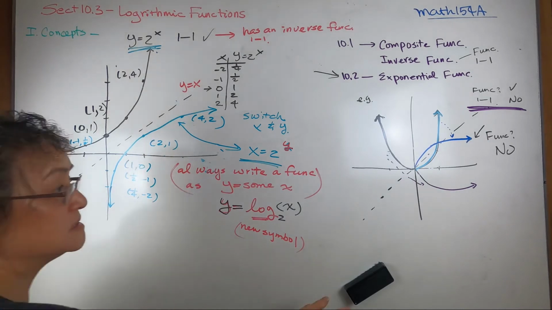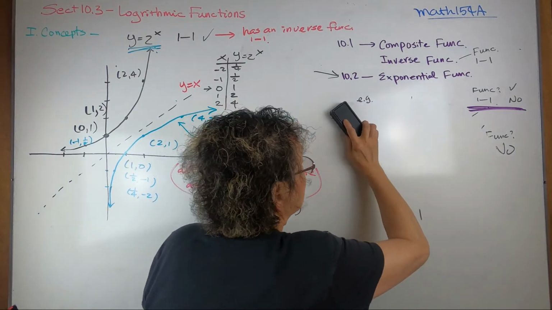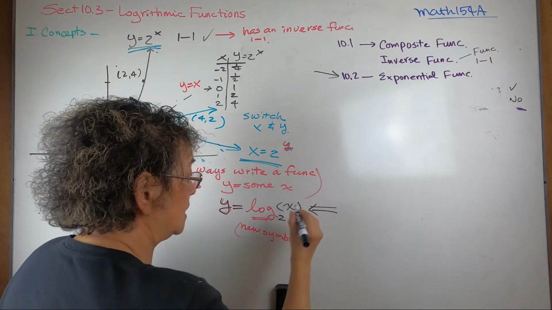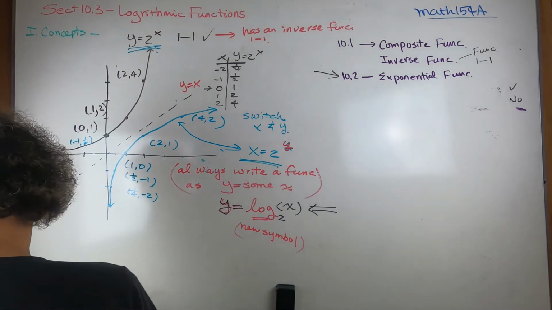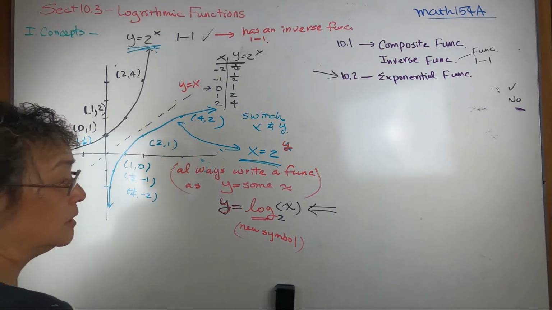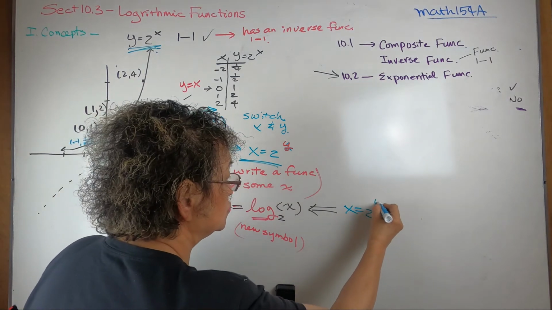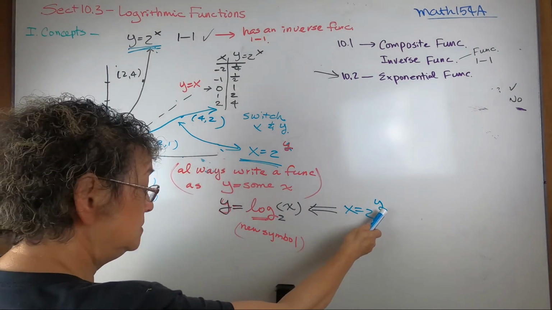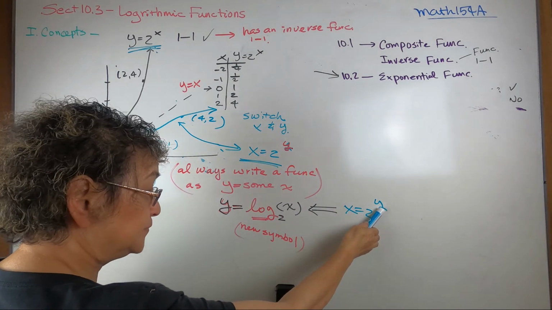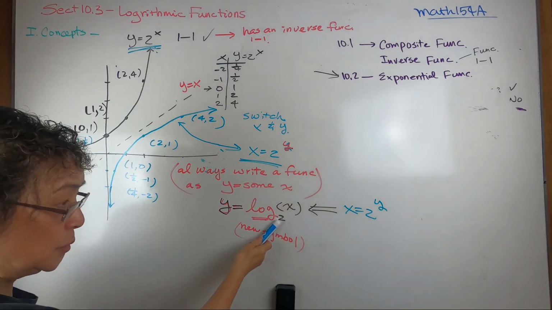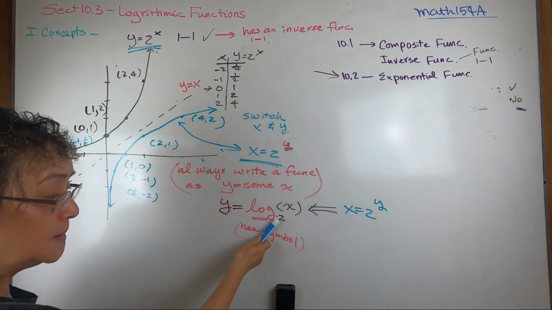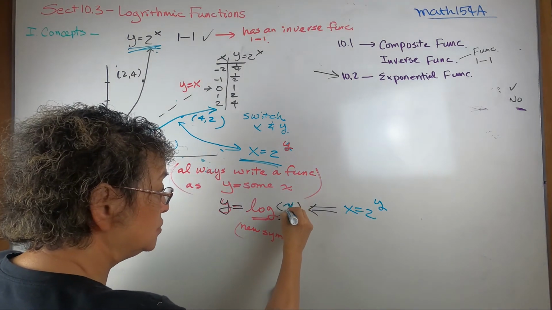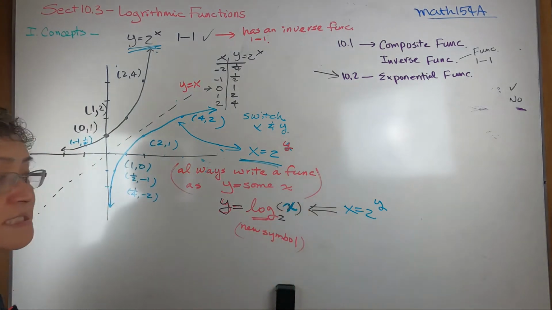So what does this mean? It doesn't mean much when you look at it, but we get it from here, right? x equals 2 to the y. It means y is in the exponent position for a base 2. If you do 2 to the y power, your result is x, is inside.